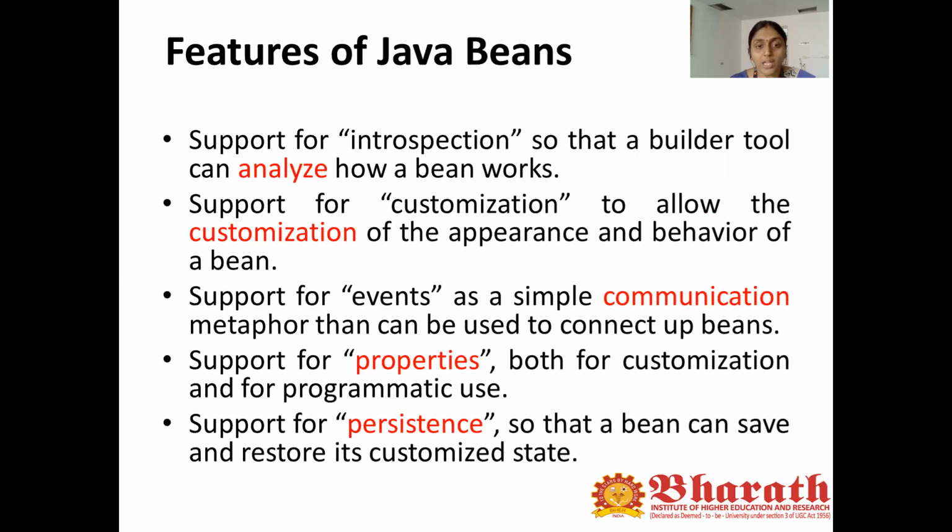Next is support for events, that is, simple communication from one Java Bean component to another, mainly for connecting the beans. The next feature is support for properties, both for customization and for programmatic use. And the last is support for persistence, so that a bean can be saved and its customized state restored, so that it can be reused in future.